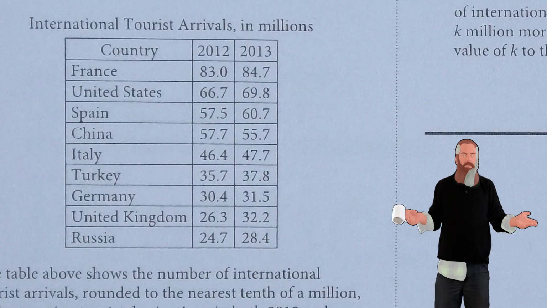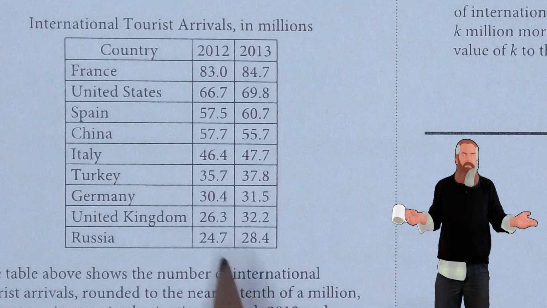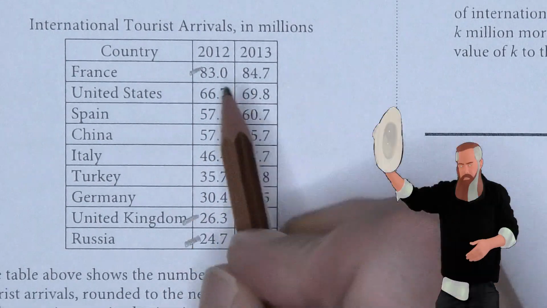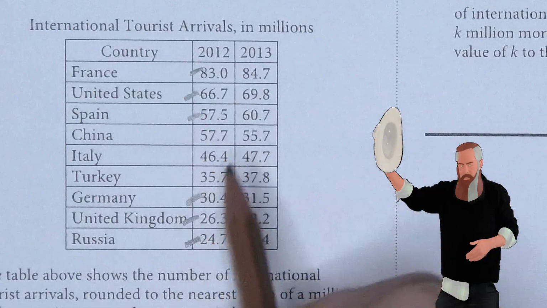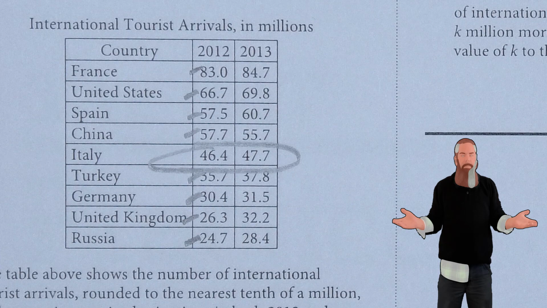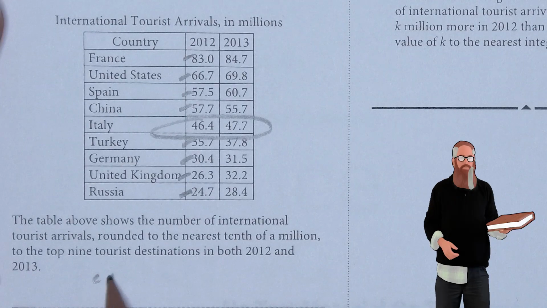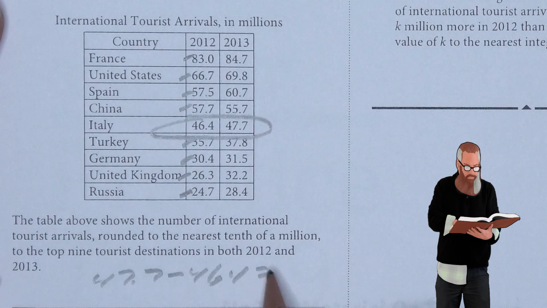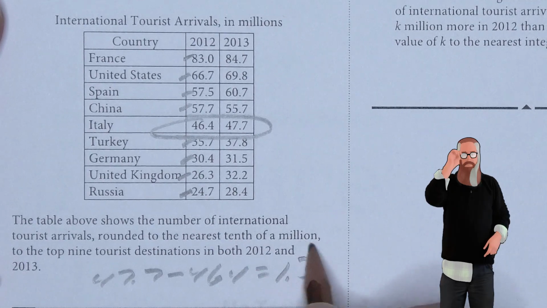So the first thing we're going to need to do in this table is find the median, which means ticking off the top and the bottom, again, the bottom, the top, the bottom, the top, so that we can find our median numbers. This would mean that 47.7 minus 46.4 will give us 1.3 million.